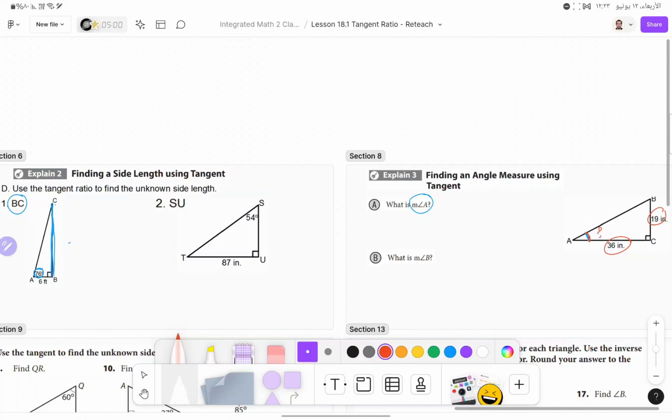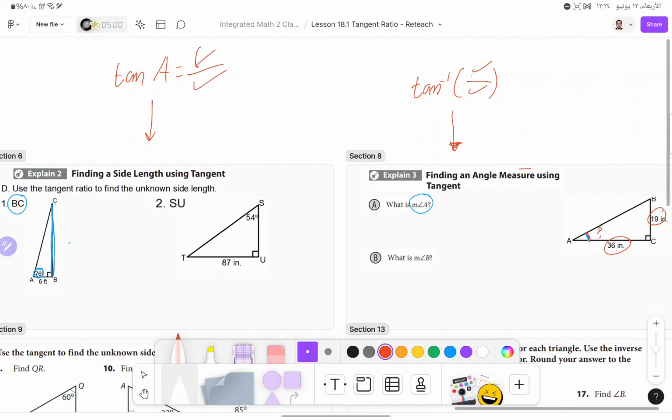When we need to find the angle, we use the inverse of the tan, meaning tan to the power of -1, then we write the ratio. In this equation here, we are not using the inverse; we use tan of the angle equal to the ratio, anything over anything.